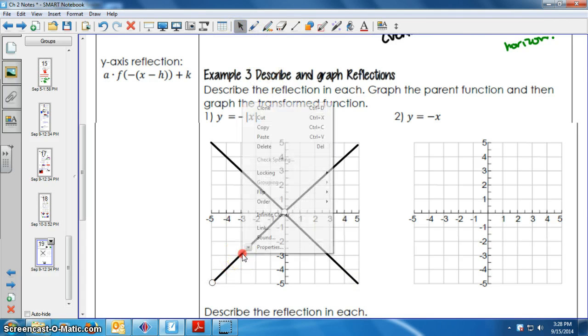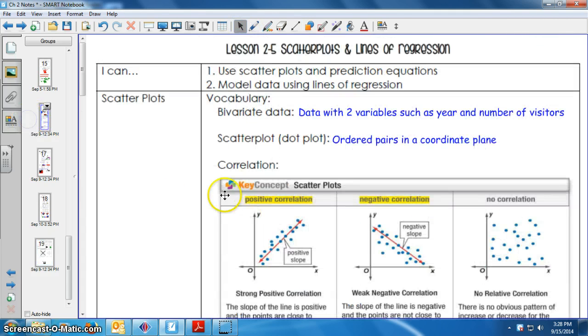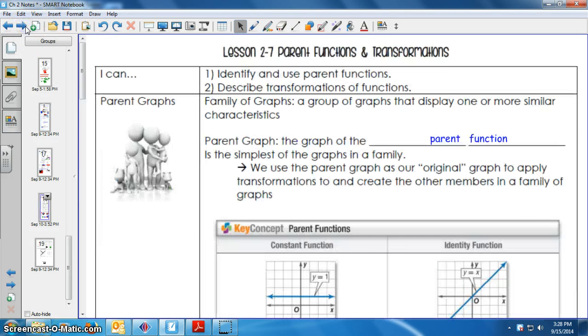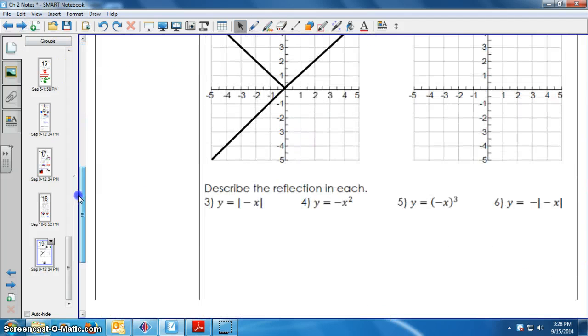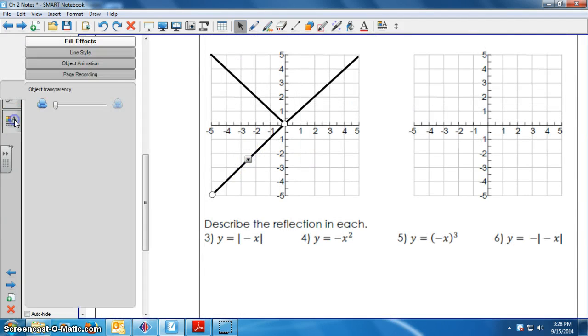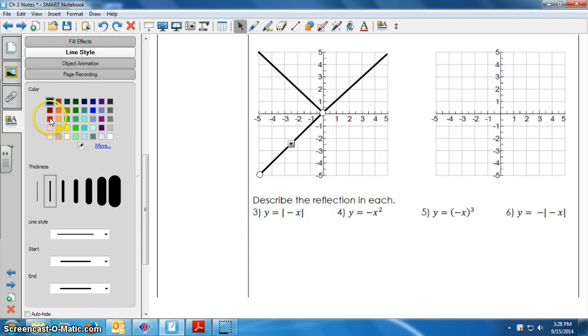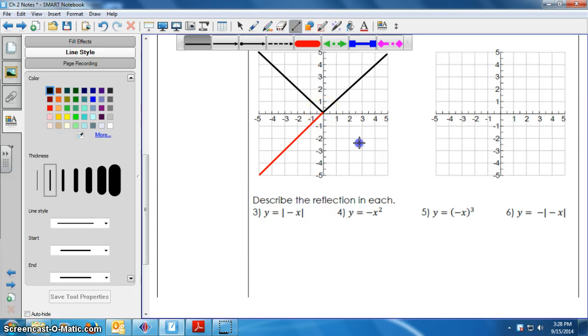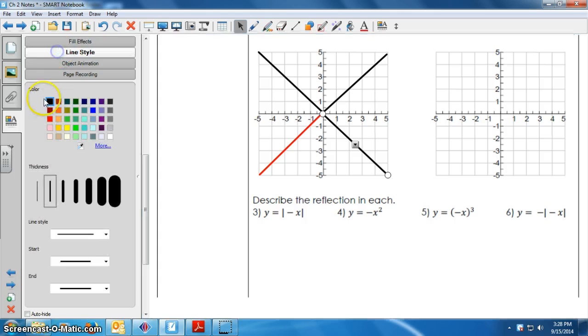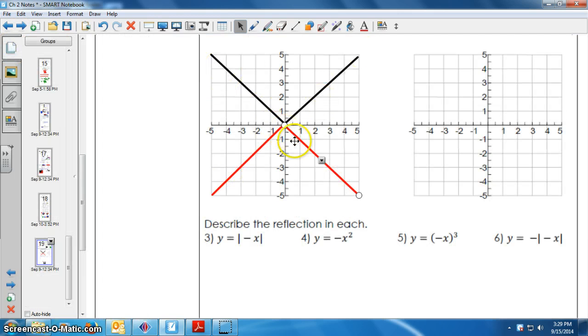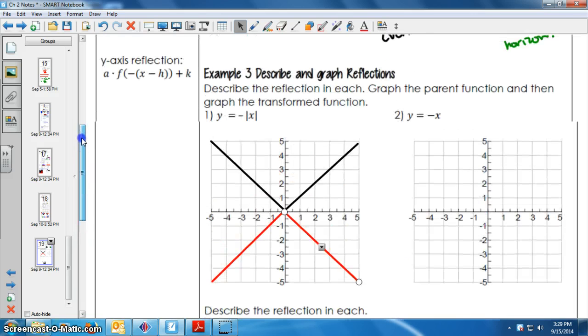So there's our new one. I'm going to change our colors here so you can see it a little better. There we go. So our original is the black V, and our new, that's been reflected, would be our red.